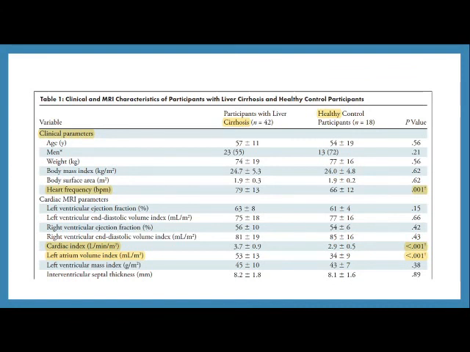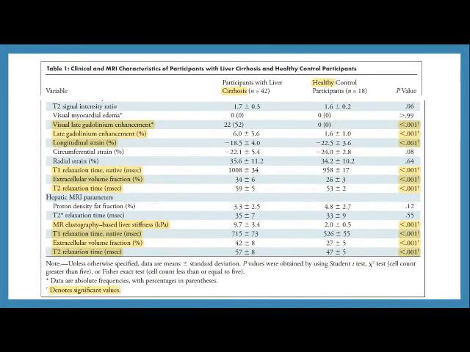The heart frequency was seen to be statistically significantly related to the cirrhosis in relation to healthy control participants, but then the cardiac index and left atrium volume index as well. Here, we'll basically focus on the important findings, and you can read up the article yourselves later. The late gadolinium enhancement was statistically significant. It's an important finding, and we'll see that later.